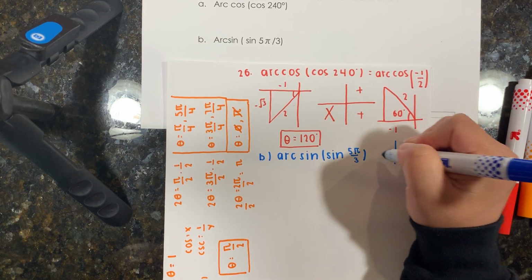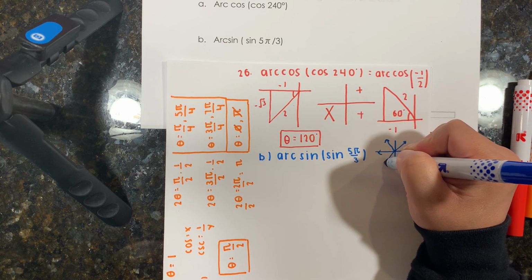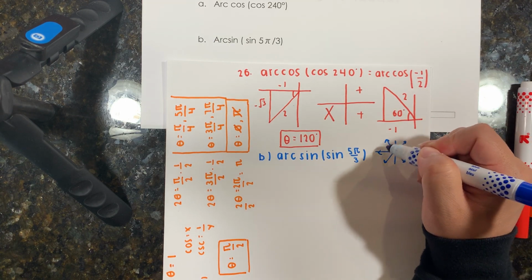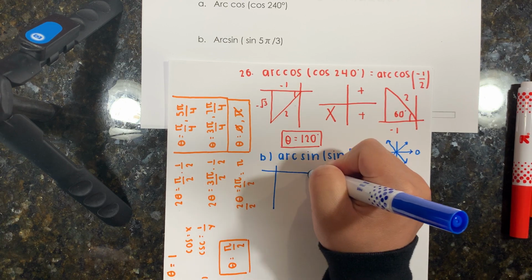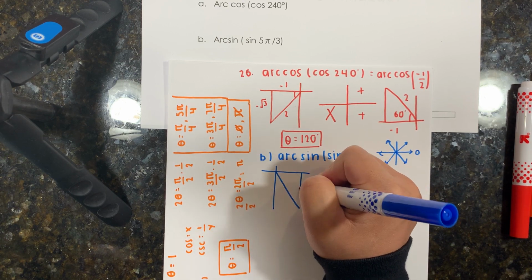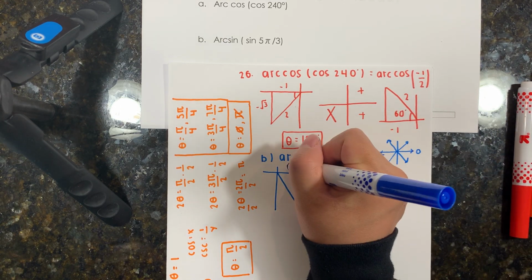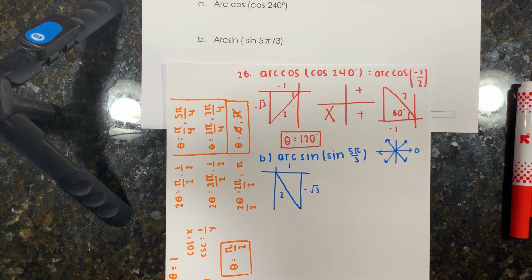If I do this over 3, that would be 1, 2, 3, 1, 2, 3. Counting away, so 1, 2, 3, 4, 5. That puts me in quadrant 4. And that's a 60-degree angle, so that's going to be 1, -√3, and 2.